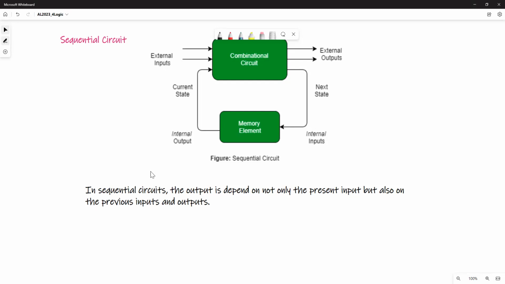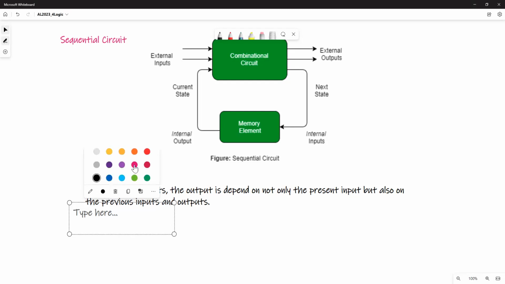Right. Now let's look at some example circuits for this. When you look at these circuits, flip-flops are what we are going to discuss. So flip-flops, let's have a subtopic, flip-flops.